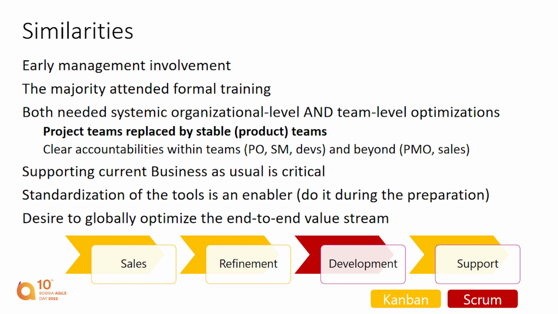Clear accountabilities helped a lot as well. So clear accountability for the product owner, Scrum Master, developers, created a lot of clarity and removed many opportunities for micromanagement and task switching, because the people with those accountabilities were empowered and protected by the organization.